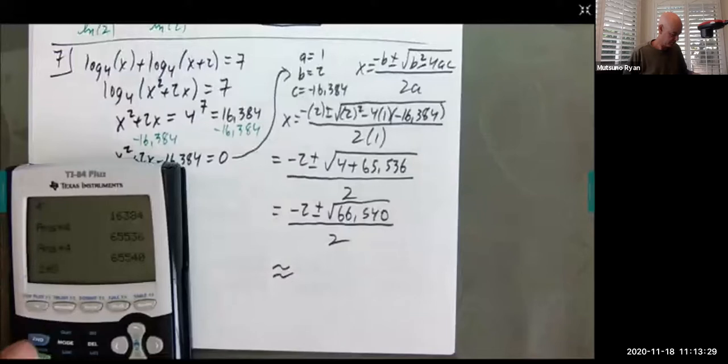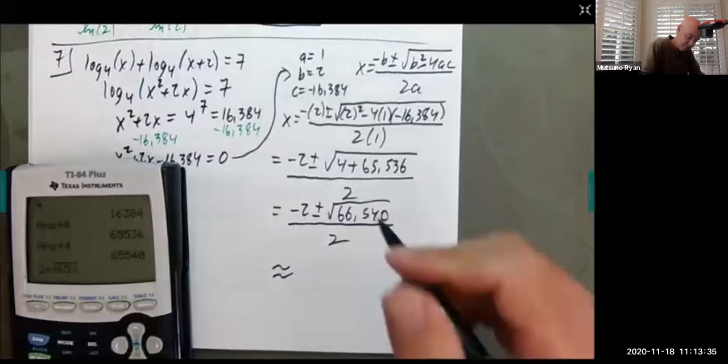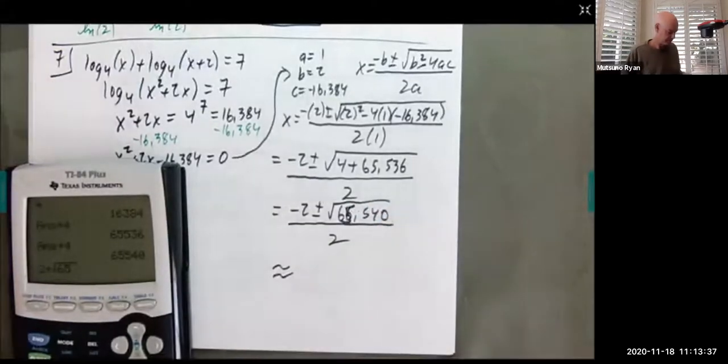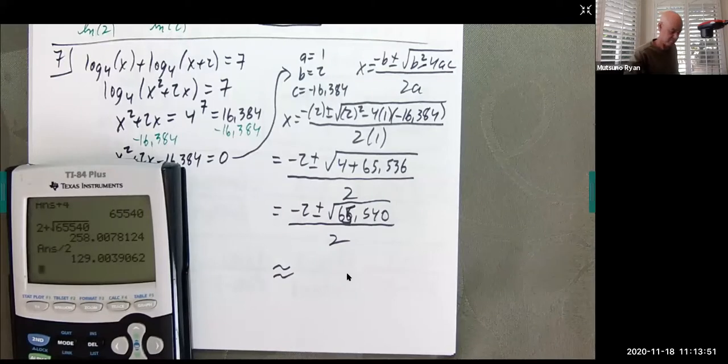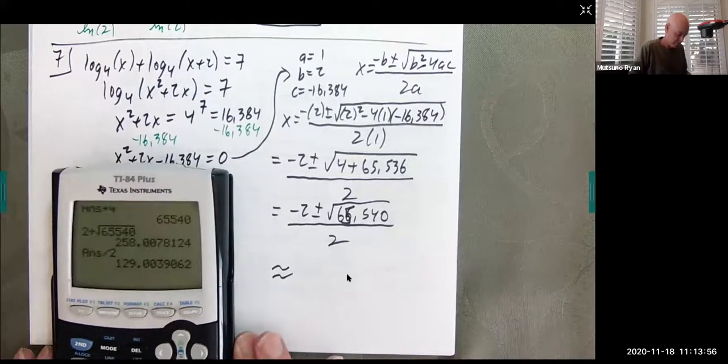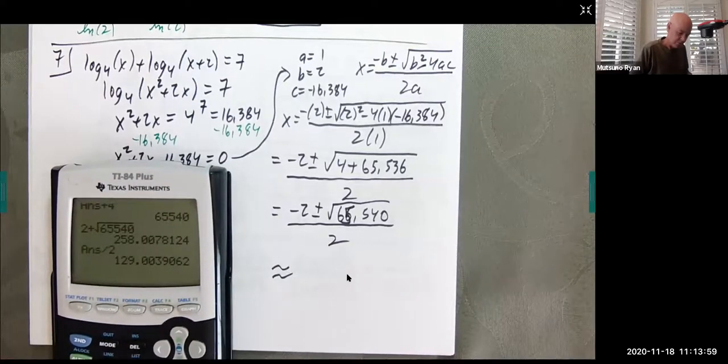Two plus the square root of 65540 divided by 2. I'll double check that. So 4 times 16,384 plus 4.